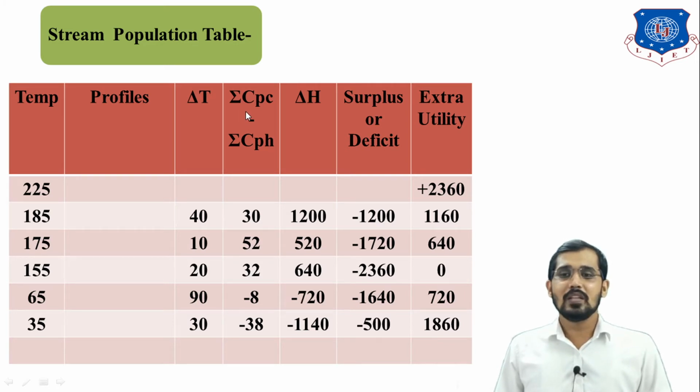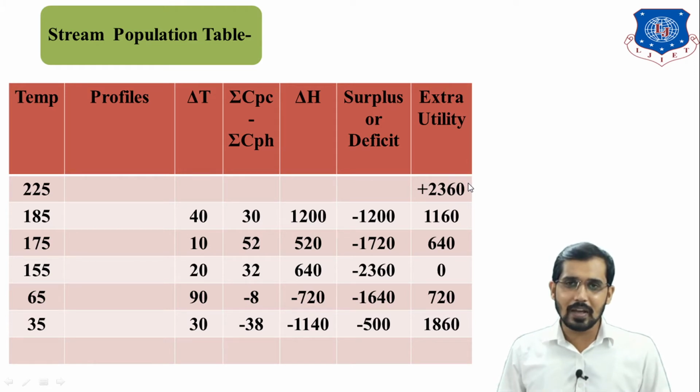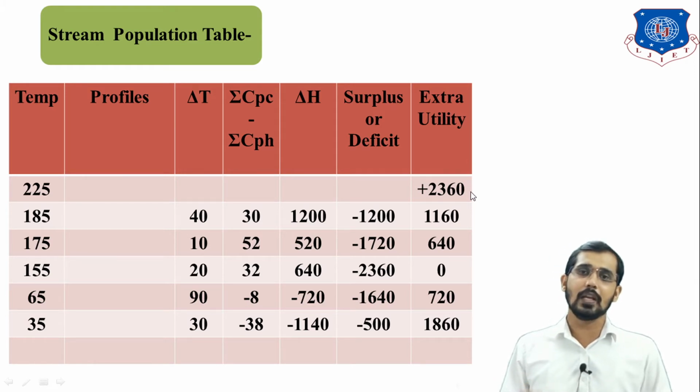After that is the difference between the summation of specific heat for the cold streams minus the summation of specific heat for the hot streams, after that delta H and surplus or deficit of heat, and the last column is extra utility. From this column you will get the minimum hot utility requirement and minimum cold utility requirement.